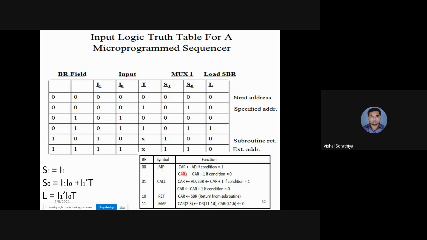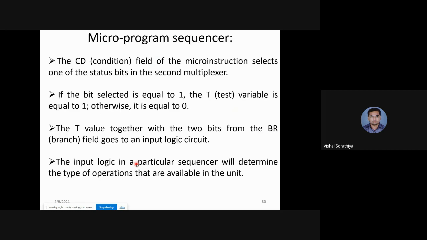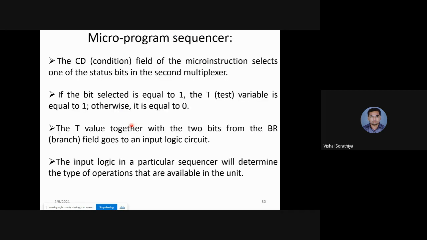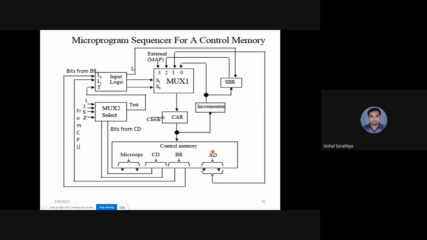So at the jump symbol, obviously you need to go to the next address. That's why the control address, if that set is going to be AD. So what is the AD we have? Okay, this is the AD we have. There is an address, or we can say a control bit, generated from the memory.